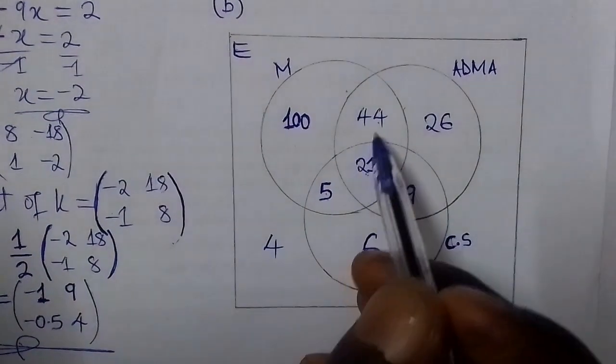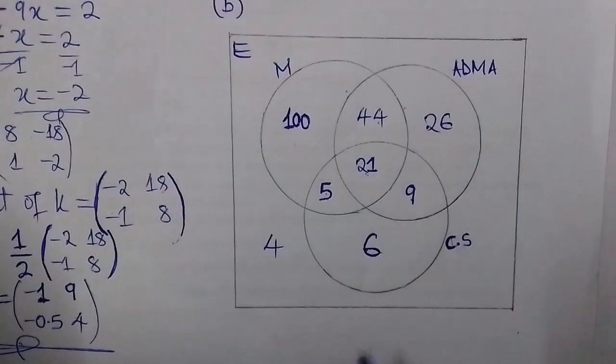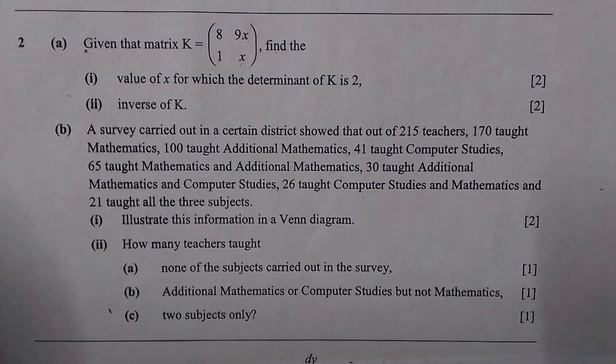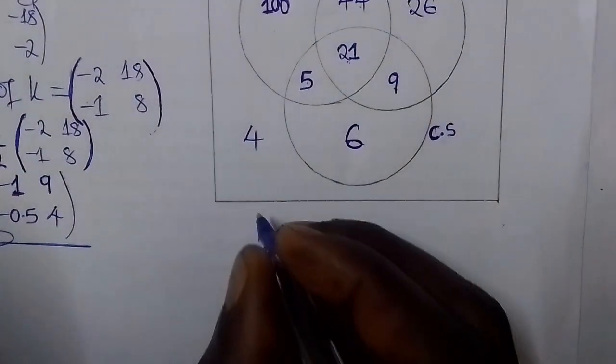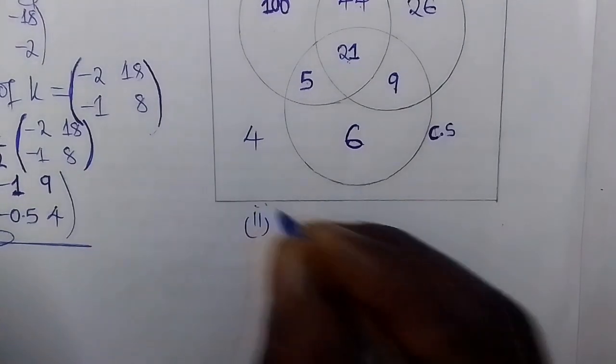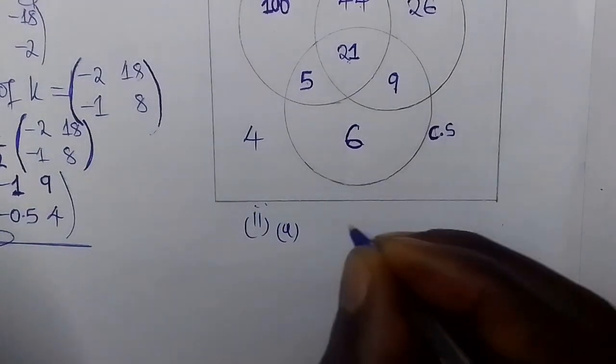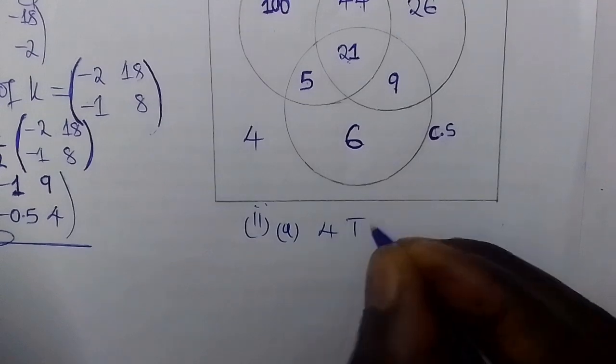So if you've seen, the number that appears outside the 3 sets is the one that represents the teachers who taught none of the subjects carried out in the survey. So for this part 2A, we're going to say 4 teachers.